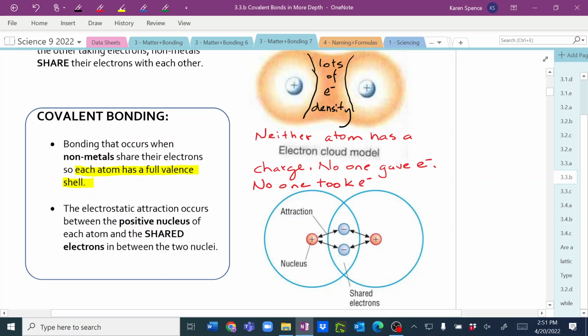What type of attraction is that? Starts with an E. Electrostatic. What kind of attraction happens between an ion and an ion in an ionic bond? Between the positive cation and the negative anion, what kind of attraction is that?